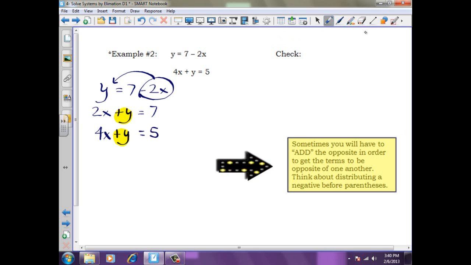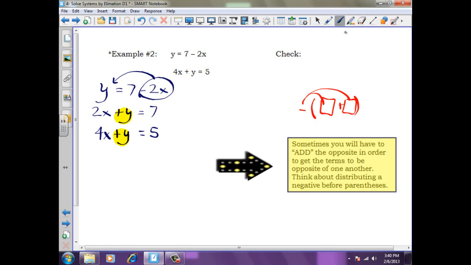So I want to direct your attention to the arrow, and the arrow is telling us sometimes I will have to add the opposite in order to get the terms to be opposite of one another. And I want you to think about when you have a negative in front of the parentheses and you distribute that negative to every term inside the parentheses. It changes every term to its opposite.